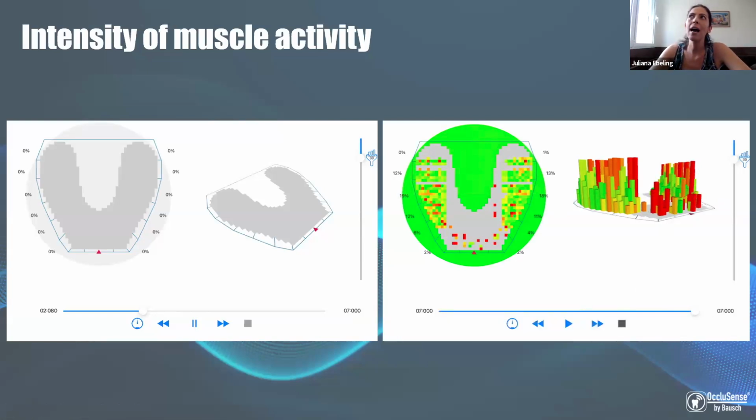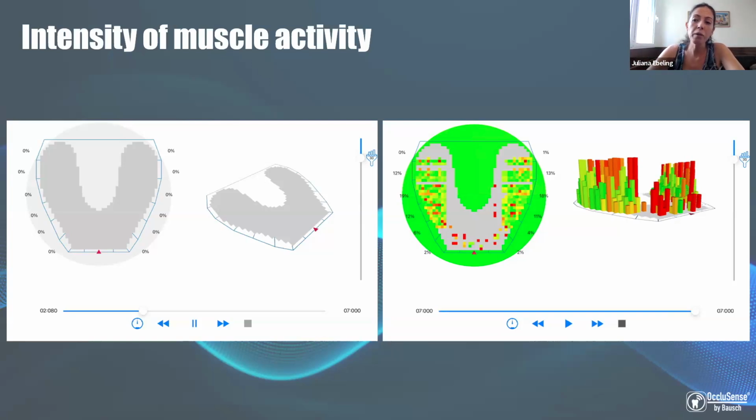And so, having this information in mind, I need to go back to that beginning that I explained. If I don't know what I'm looking for, if I'm trying to find the cause of a tooth sensibility, for example, I have to understand that I need to capture different situations to understand from where it's coming the overload of force in that tooth.